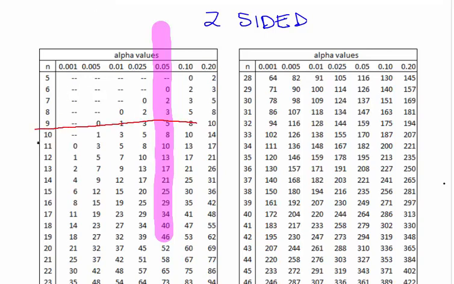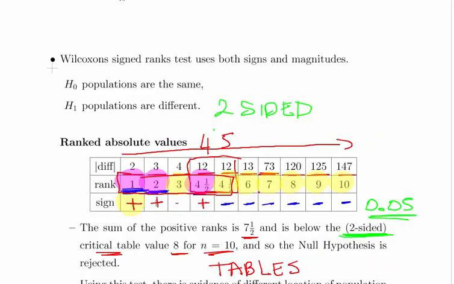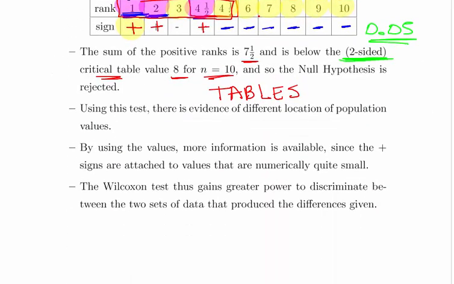Our sample size here is 10, so n equals 10, a two-sided test with a significance level of 0.05, and that gives us our critical value there of 8.